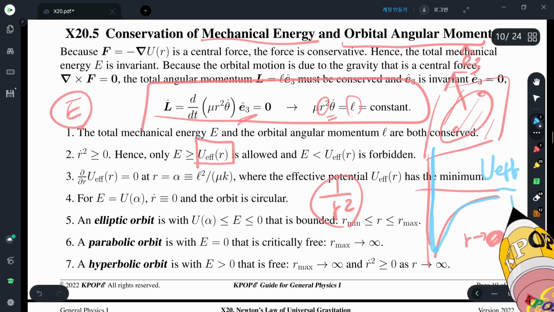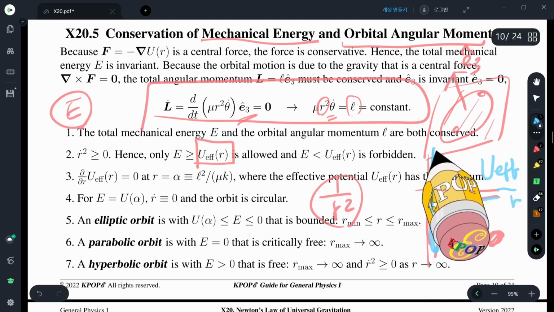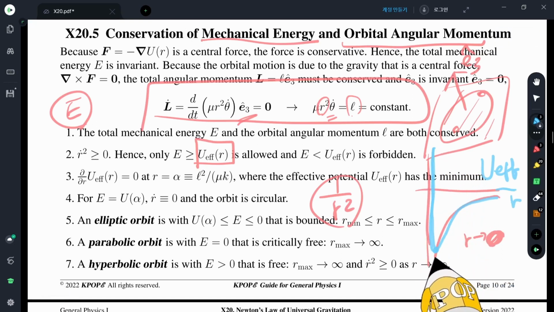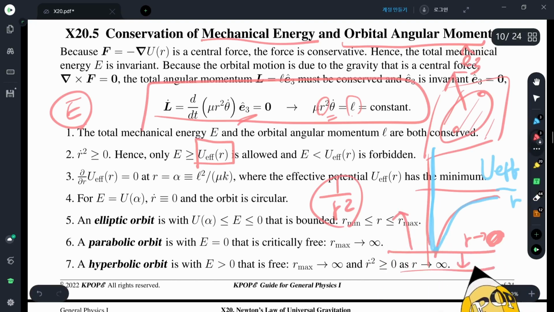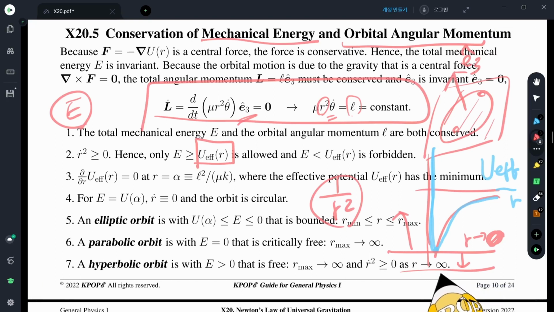So we have the radius and the effective potential that has a minimum, and the physical region is just above this. If it is below that, then it is impossible to have an orbit, and it will just decay. The strong attractive force does not allow them to move along an orbit, and they just collapse to a single particle.